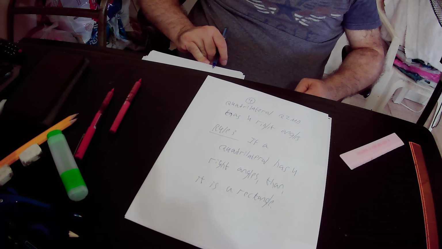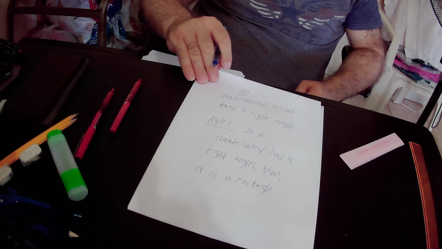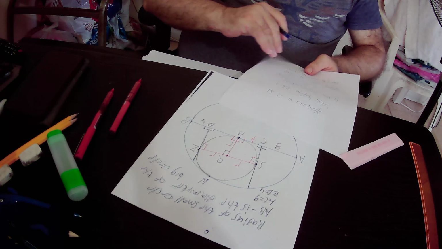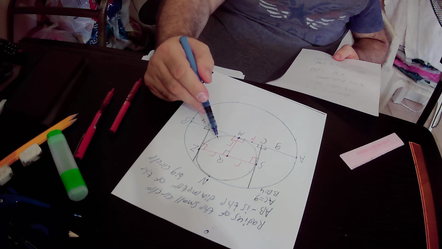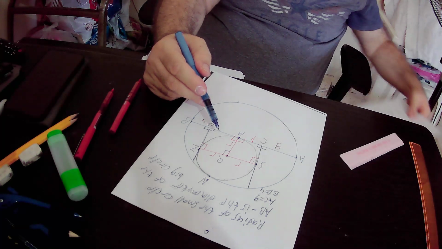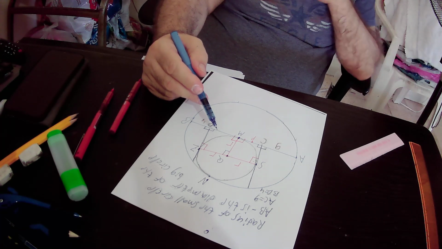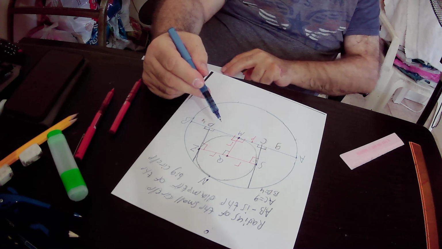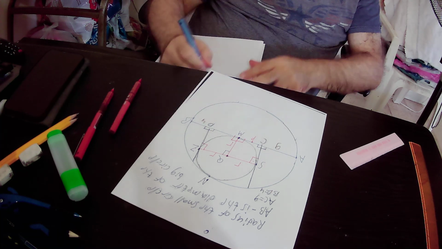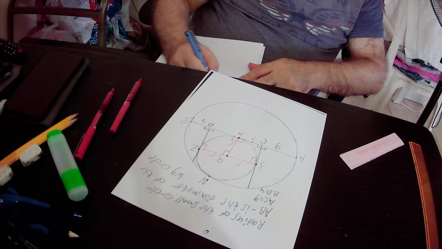Okay, so actually quadrilateral QZMD has 4 right angles, therefore quadrilateral QZMD is a rectangle. Okay, I write it down.